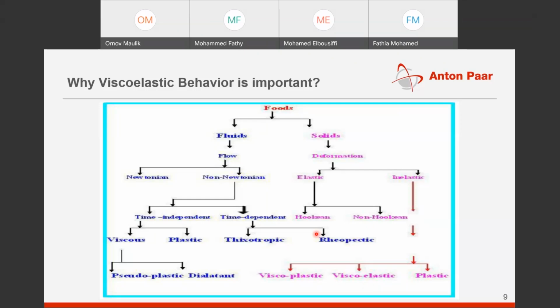Although if you are eating something having bigger size particles, then the mouthfeel you will have would not be that good. So simulating how that food product is going to behave in your mouth is somewhat related to viscoelastic behavior study.